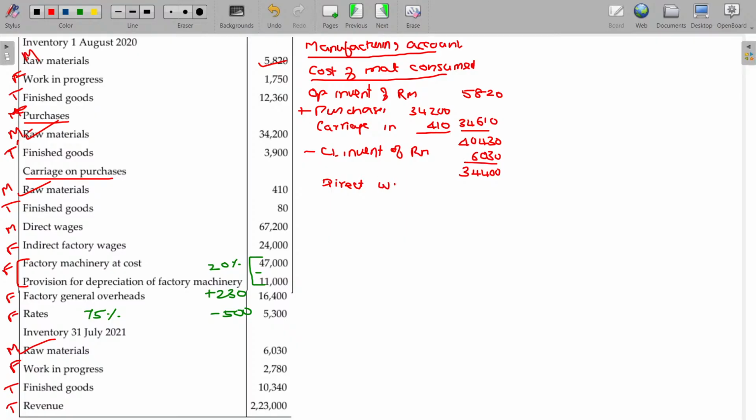Direct wages here is 67,200. Then prime cost, 1,01,600.